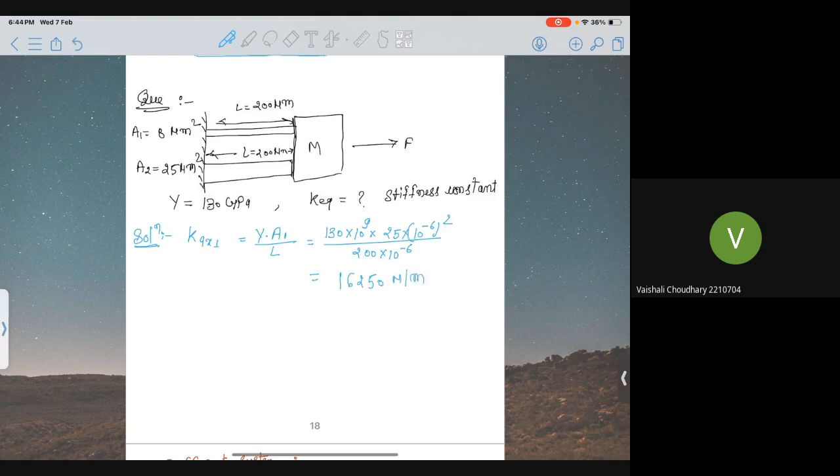Similarly, we'll calculate the spring constant for beam 2, which is Y times A2 over L. 130 gigapascal, the area is 8 micrometer square, and the length is the same.